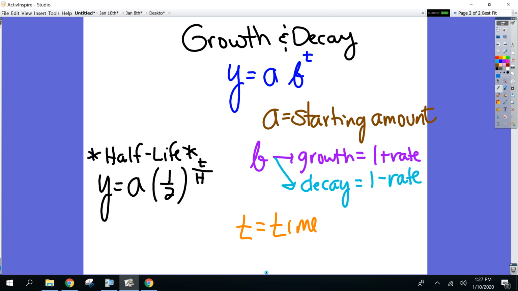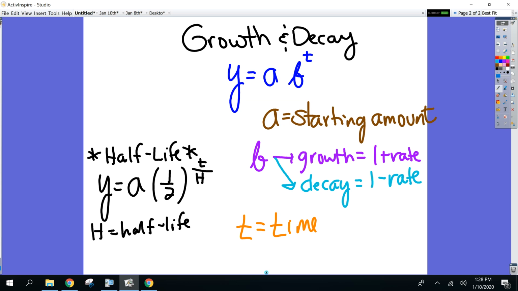It's the half-life. 2 years, 10 months. Whatever the half-life is, I divide it by it. We all good there? Okay, I'm going to refer back to that sheet in a couple problems, all right?